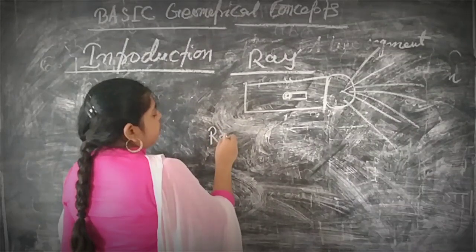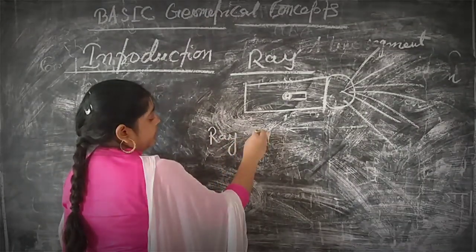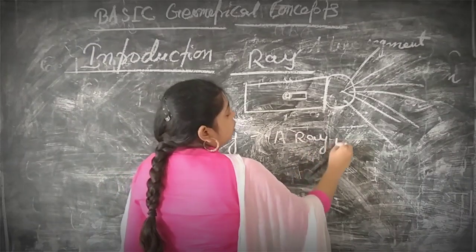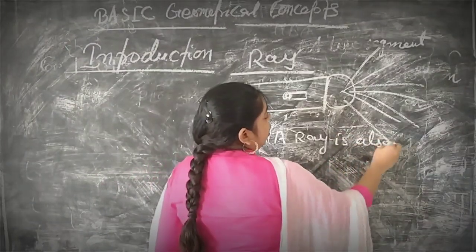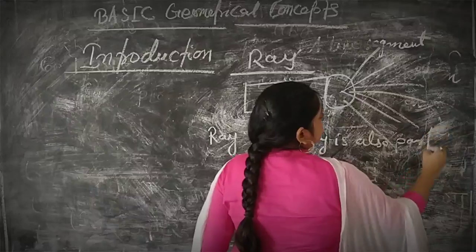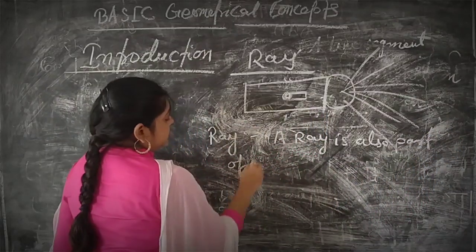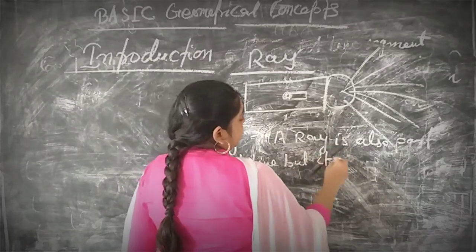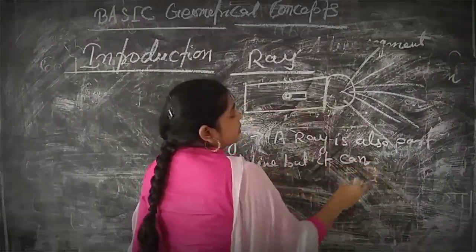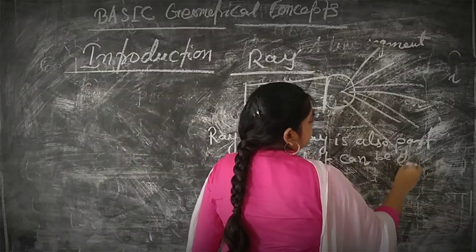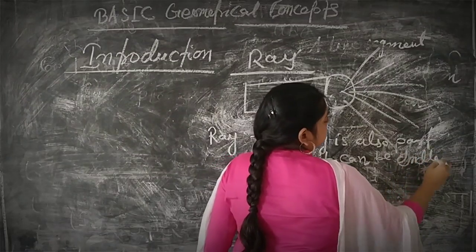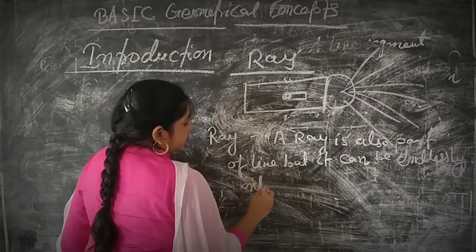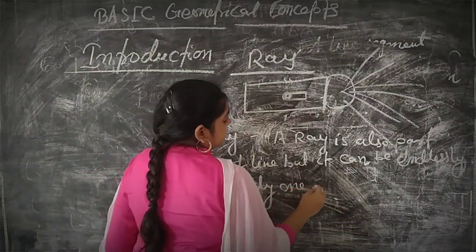Now we write the definition of the ray. A ray is also a part of a line, but it goes endlessly in only one direction.